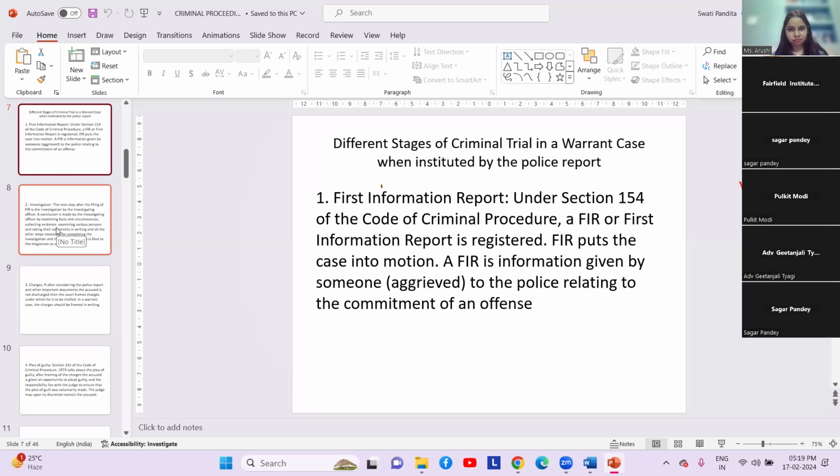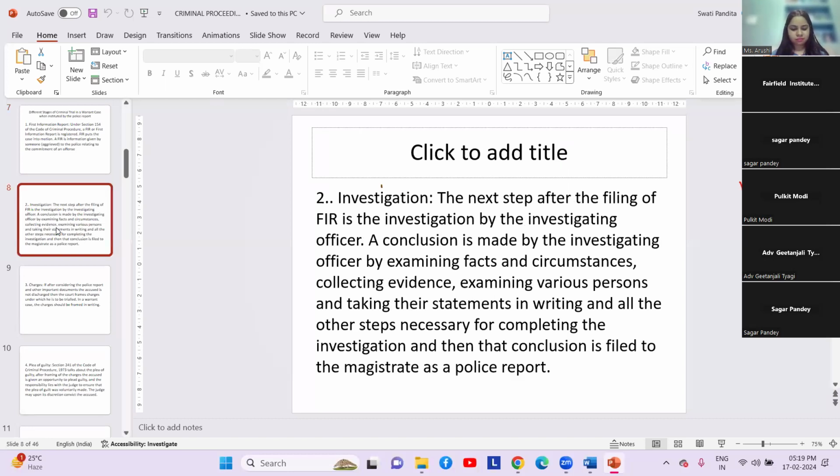A conclusion is to be made by the police after collecting evidence, examining various persons and taking their statements under 161 in writing, and other necessary steps, to conclude whether what was written in an FIR and what the complainant is saying, that this certain offense has been committed on me, on my property, on my person, actually happened. So here the police have this power, which is something very vast.